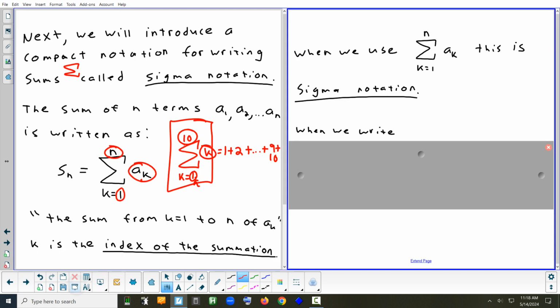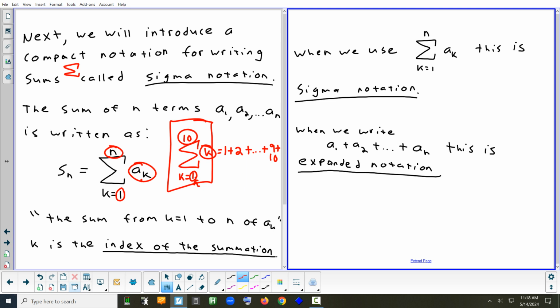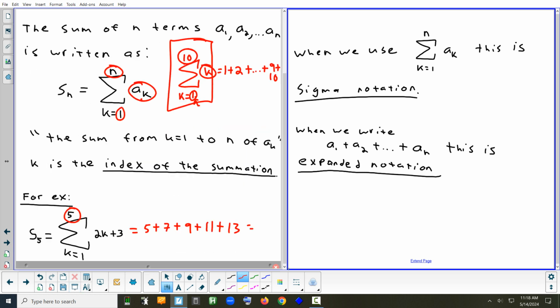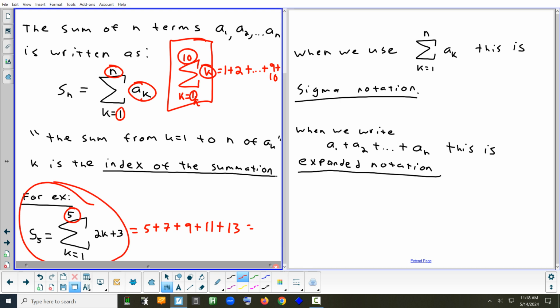All right, so the difference between those two things that I just wrote on the board: on the left side, this is sigma notation. On the right, that's called expanded notation. By the end of this, you should be pretty comfortable going either way. Whether I give you something in sigma and ask you to expand it, or take something that's expanded and write it in sigma notation. Writing it back in sigma notation, you've got to work backwards to figure out your formula.